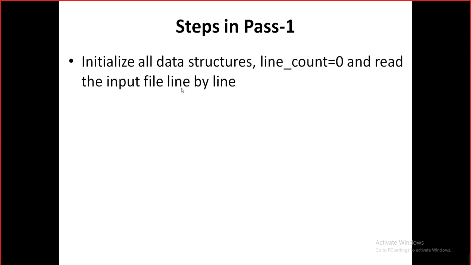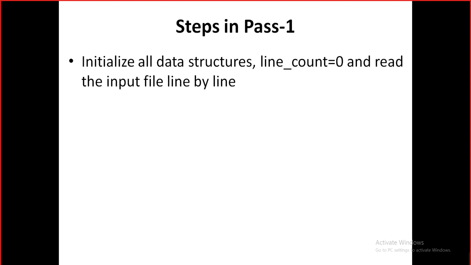So we have initialized all the data structures, and this line count is used to maintain the count of how many lines we have scanned from the input file. Why are we using this?